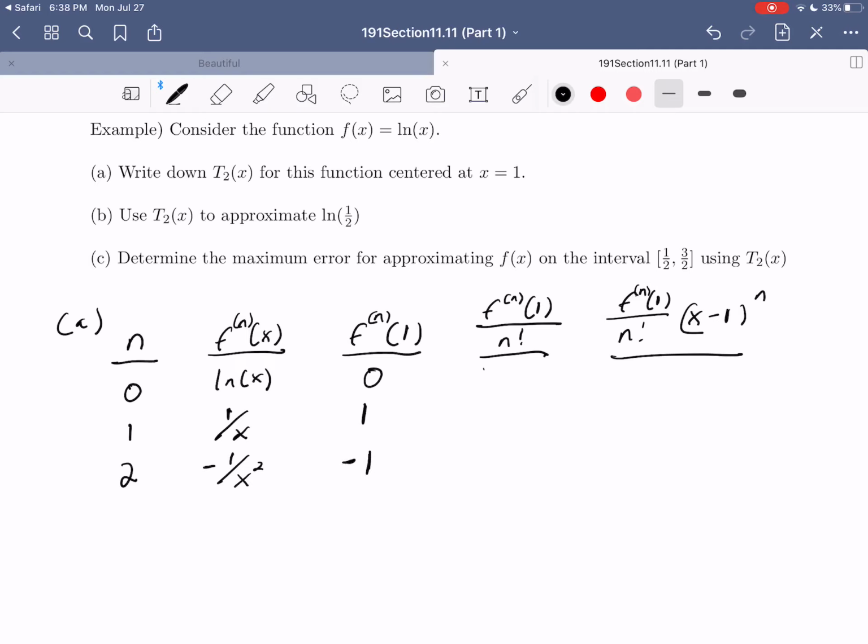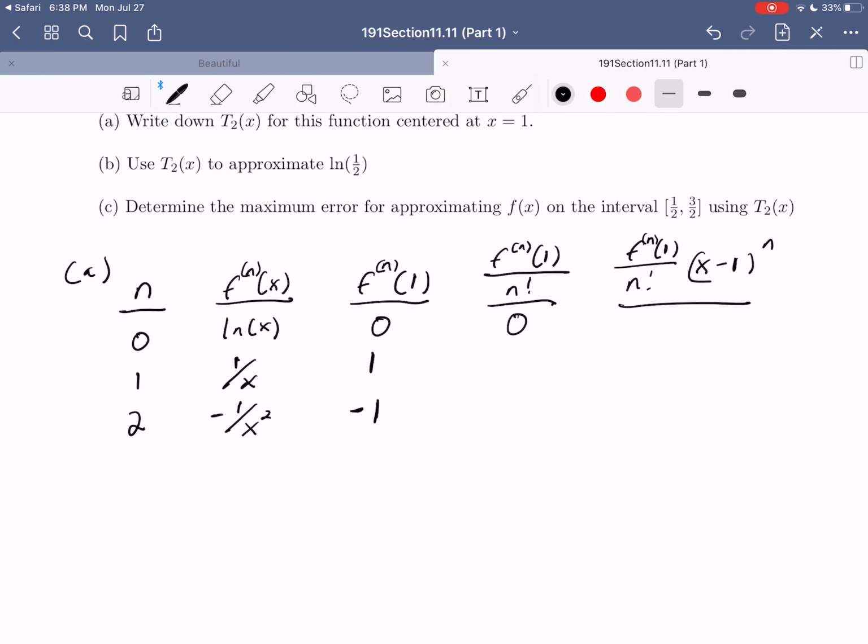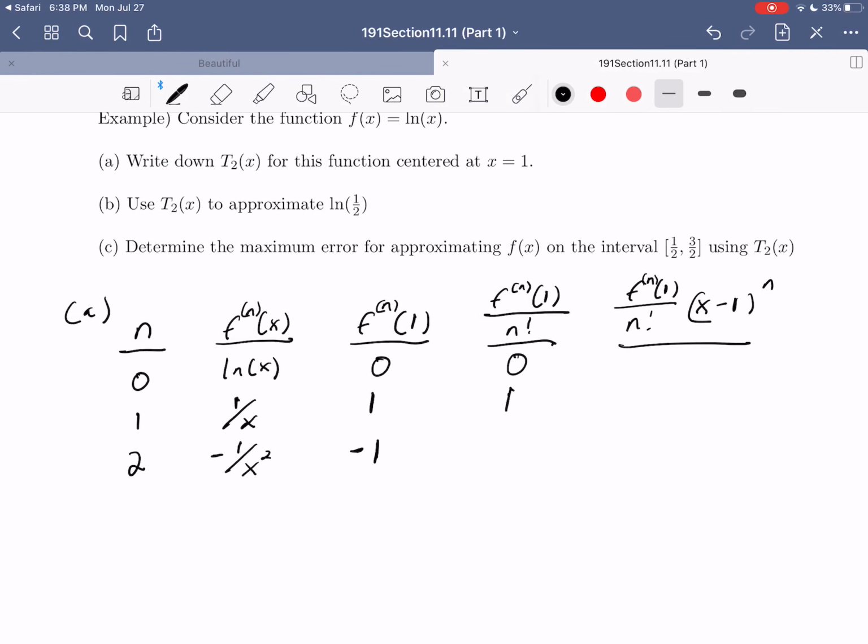Then we get 0 here. Then 1 divided by 1 factorial is just 1, and minus 1 divided by 2 factorial is minus 1/2. So we get 0, 1 times x minus 1, and minus 1/2 times x minus 1 squared.